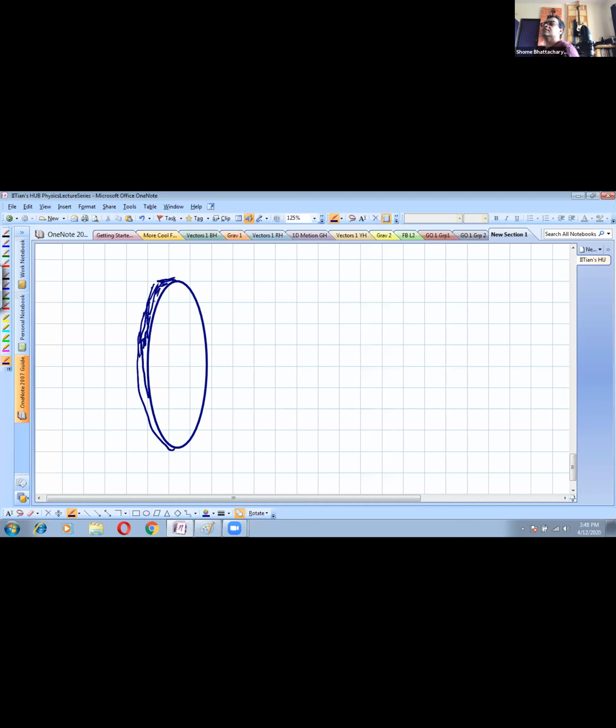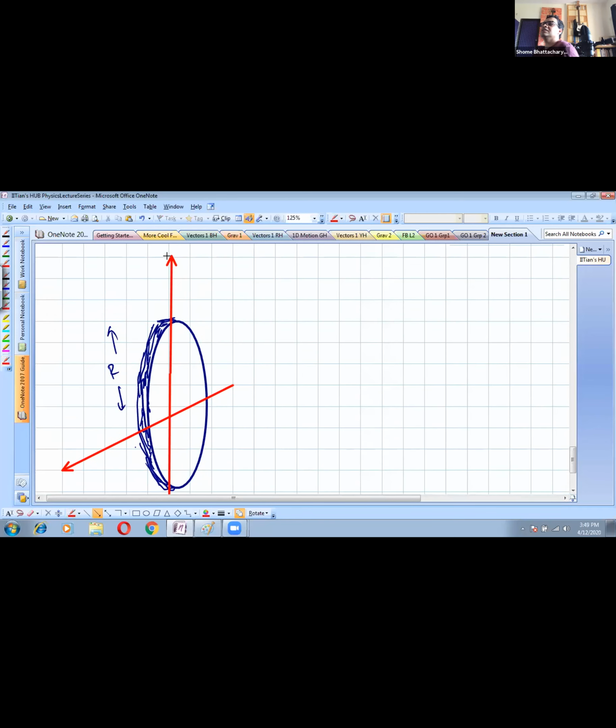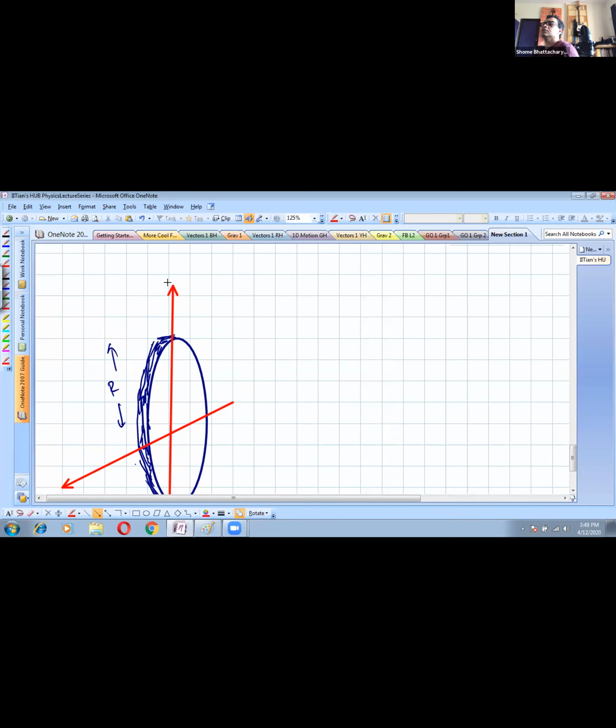It's got a very small thickness, negligible, but its radius is r. Now the point of axis. This disk is lying in a vertical plane. If I take my coordinate frame like this, the disk is lying in this vertical frame.